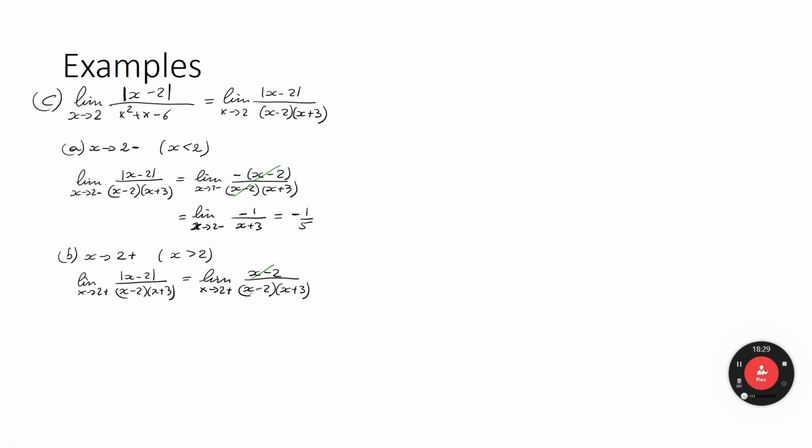Again, the x minus 2 cancels. We're left with x going to 2 plus of 1 over x plus 3, and that is plus 1 over 5. So again, the one-sided limits here exist, but these two values are not equal. So the overall limit of the function does not exist.